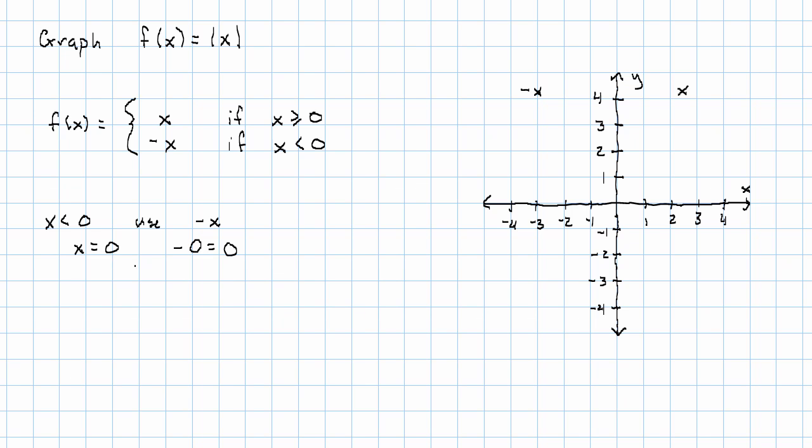When we put x to be 0, well, negative 0 is still just 0, right? 0 is its own opposite. So we'll have an open circle at 0, 0. And then pick any negative number. I'm going to pick, say, negative 2. The opposite of negative 2 is 2. So that'll give us the point negative 2, 2. And we just draw that line.